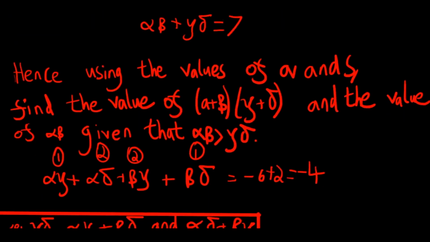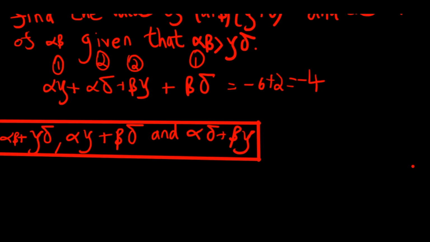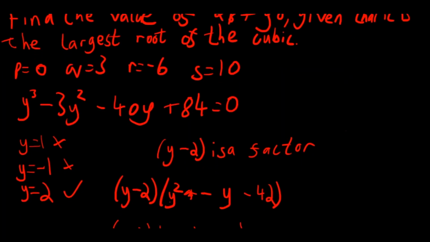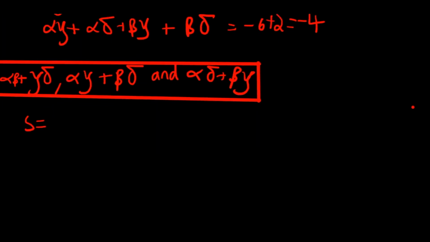So we have that s, which, if I scroll back up again, is equal to 10, is equal to alpha beta gamma delta. And from before we have alpha beta plus gamma delta is equal to 7. And so now these are just a pair of simultaneous equations, and they can be solved via substitution.